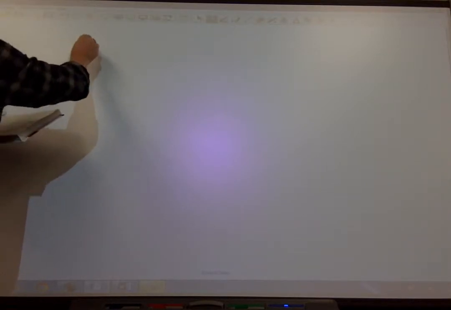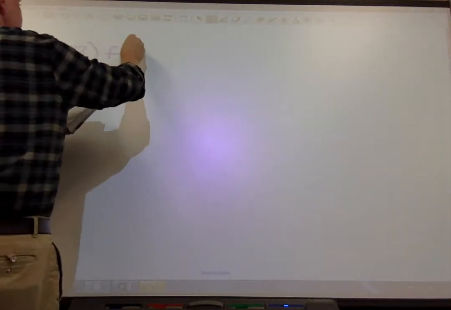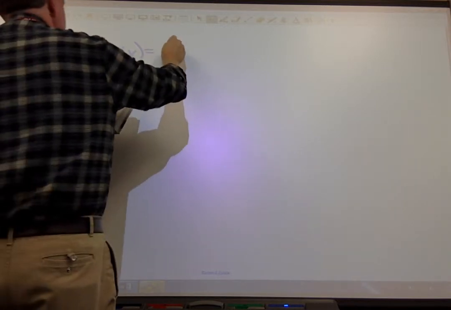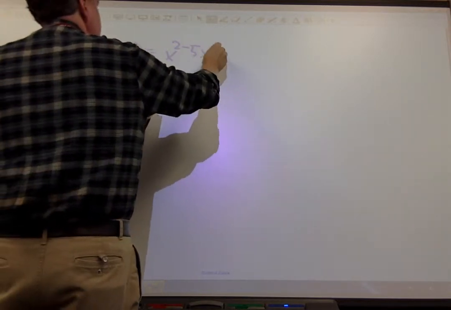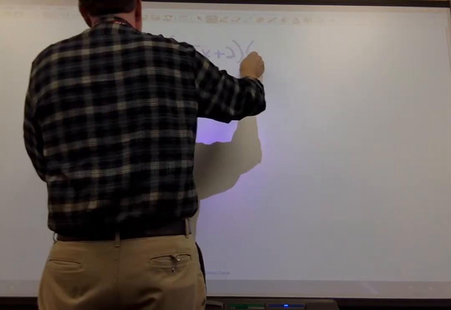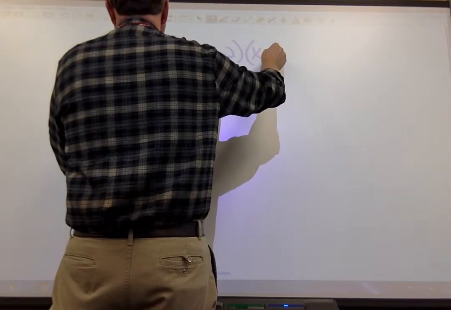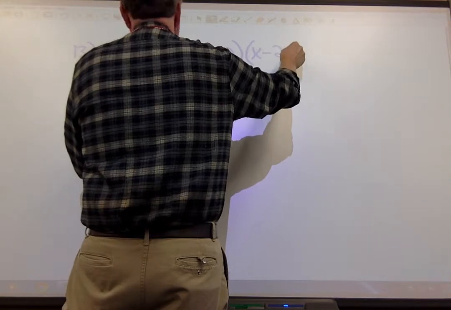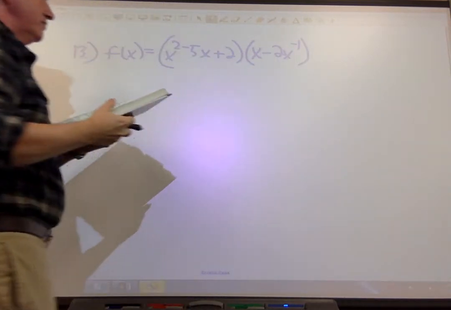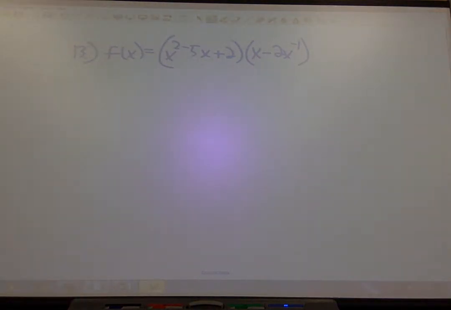Mhm, 13. Gives me f of x is x squared minus 5x plus 2 times the second, which I'm going to write as minus 2x to the negative 1. That might make it a little easier instead of 2 over x.